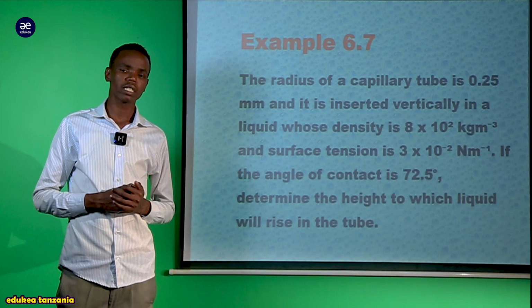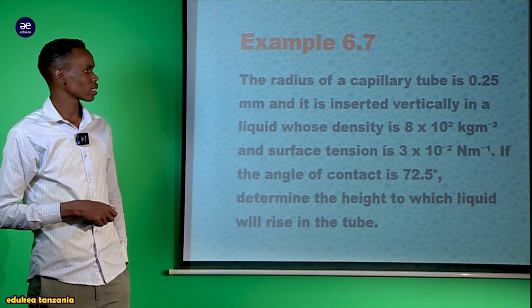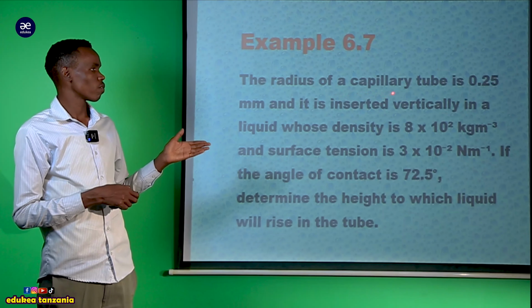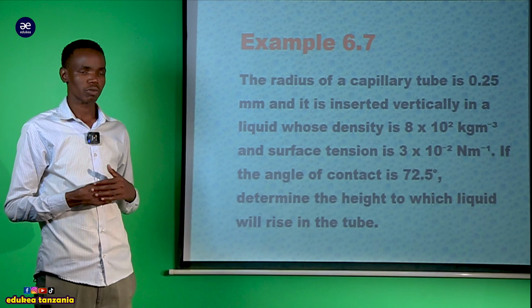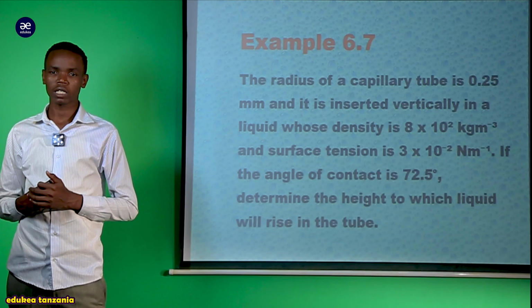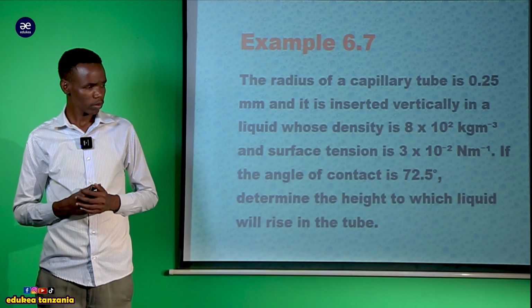So for today's discussion, we are going to see example number 6.7, which says that the radius of a capillary tube is equal to 0.25 millimeter, and it is inserted vertically in a liquid whose density is equal to 80 exponent 2 kilogram per meter cube.